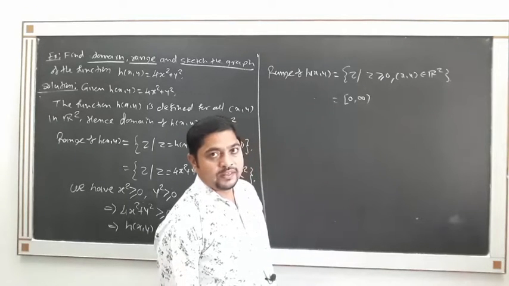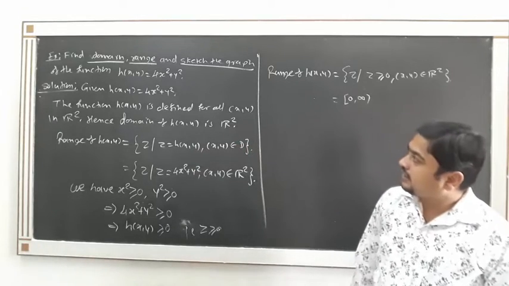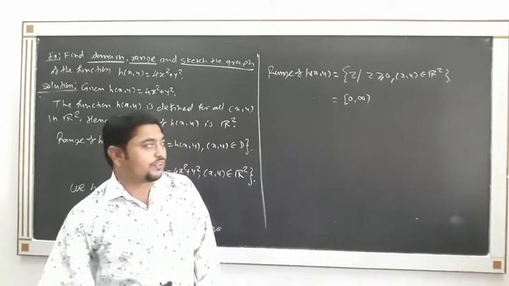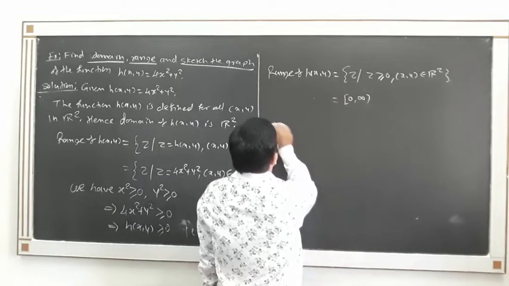Okay, so the second target is over, and what do we have to find next? We have to sketch the graph of the function. So how do we sketch the graph?